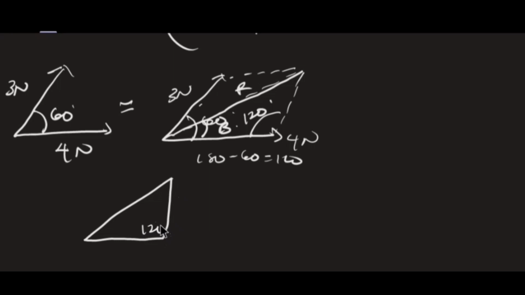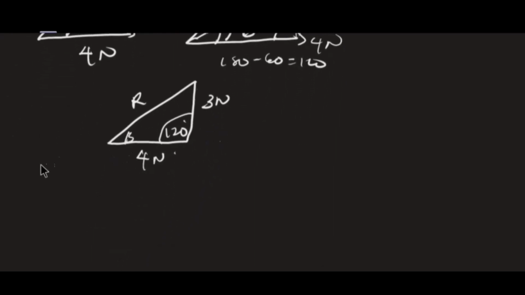So 120, I have here, and beta is the direction. Here's my R, and in a parallelogram, parallel sides are equal, so here will be 3 meeting. So I have 3 meeting here, and I have 4 meeting here.